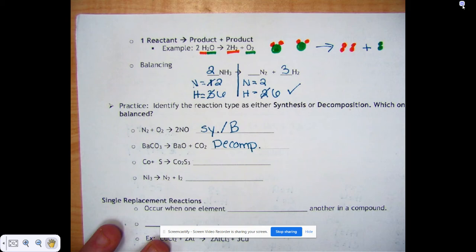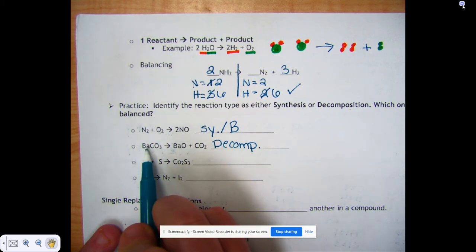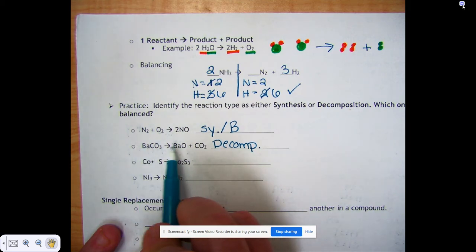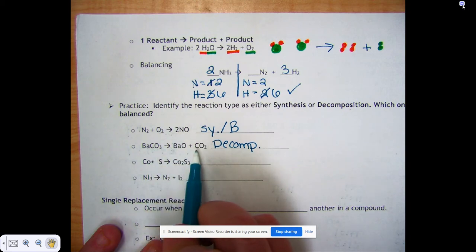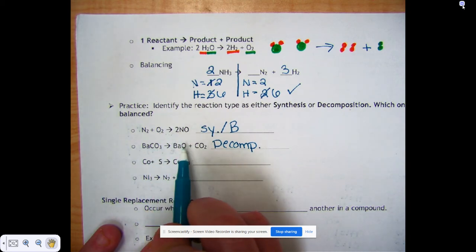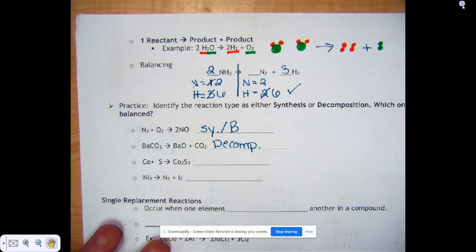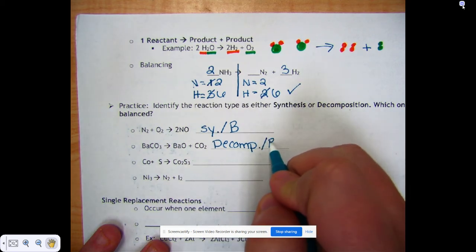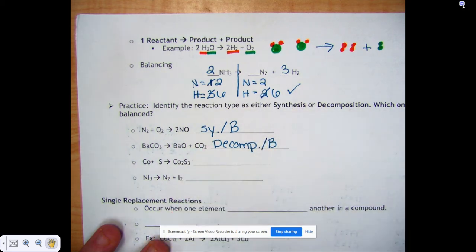And let's check to see if it's balanced. I have 1 Ba on the left, 1 barium on the right, 1 carbon on the left, 1 carbon on the right, 3 oxygens on the left, and look, 1 oxygen plus 2 oxygens, and that gives me 3 oxygens. So this one is actually balanced. You have to add these 2 together.